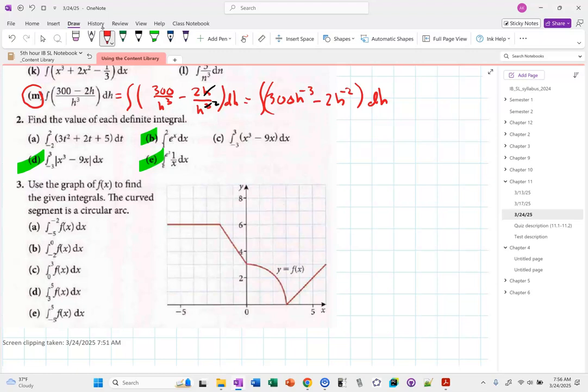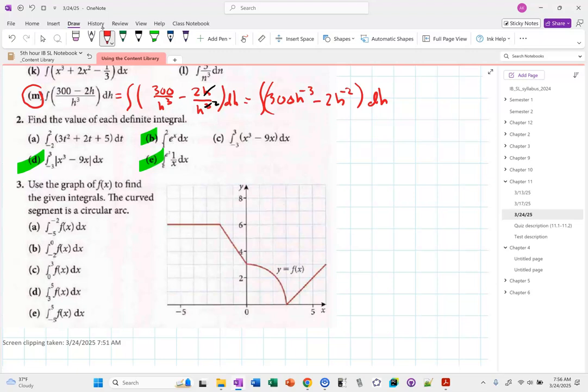So B is an exponential function. We have no idea how to do the integral or the antiderivative or derivative of an exponential function. Must be done with the calculator. D has an absolute value function. Even though it's polynomial on the inside, the absolute value is like a whole different animal. You'd have to do that on your calculator.